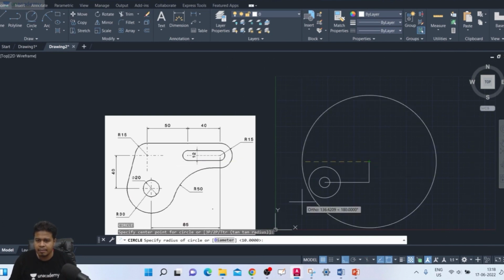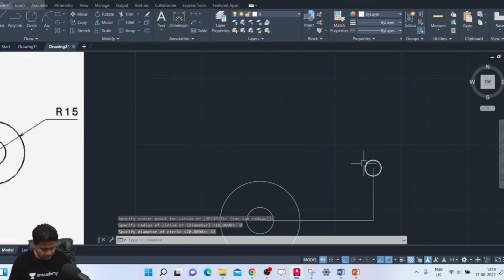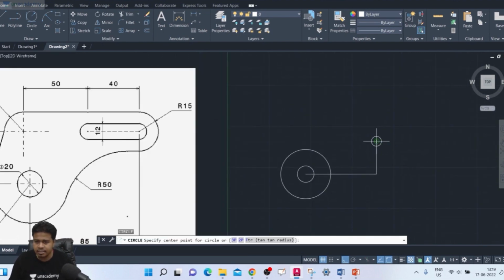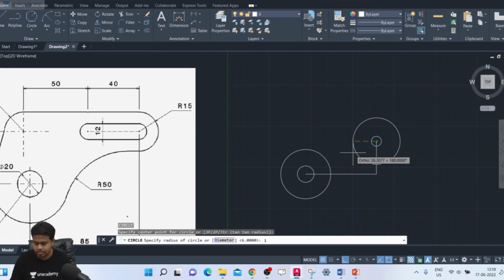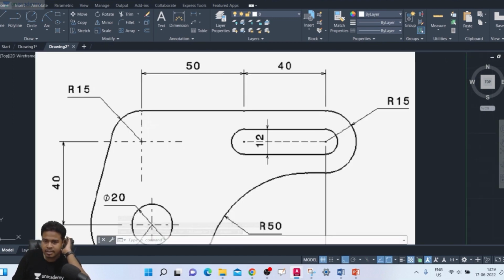See, diameter is 12. Go to diameter, diameter is 12. Okay, one more circle. Radius is 15.